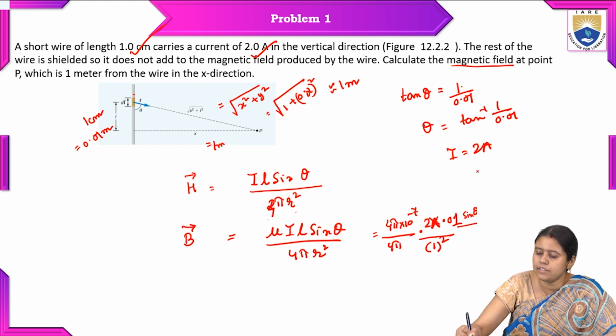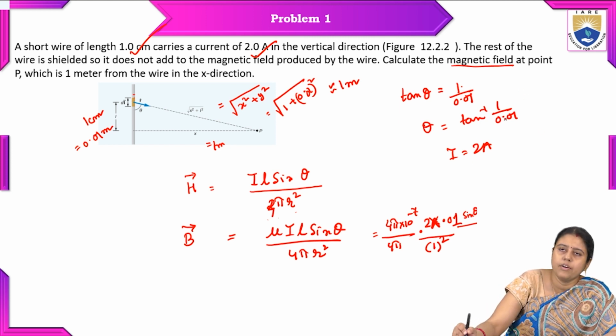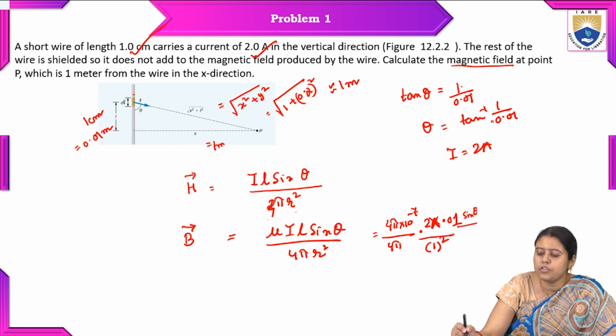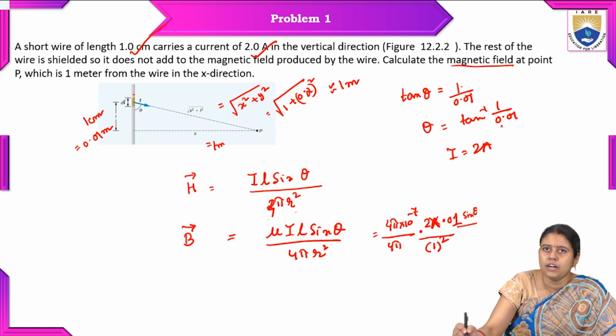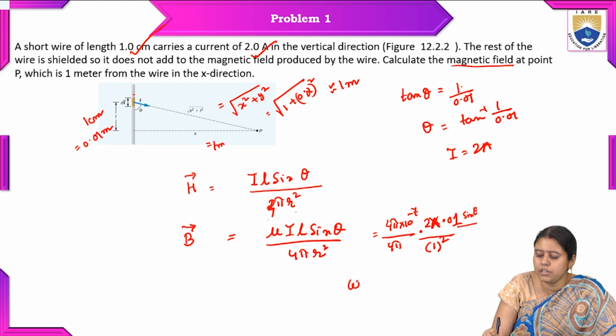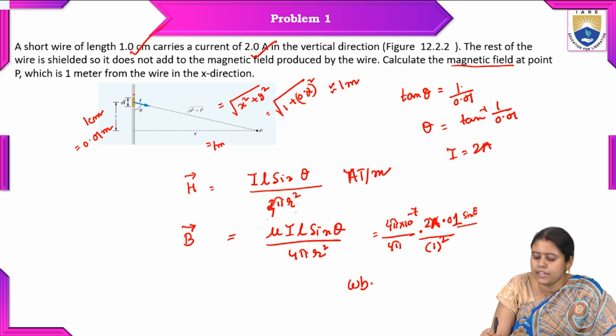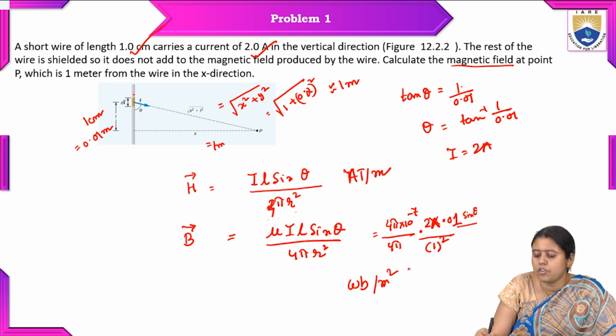Theta we will get from this value. So if we solve this, we can get the value of B. And what is the unit? The unit is ampere turn per meter. If we calculate like this, it is Weber per meter square, or we can also write it as Tesla.